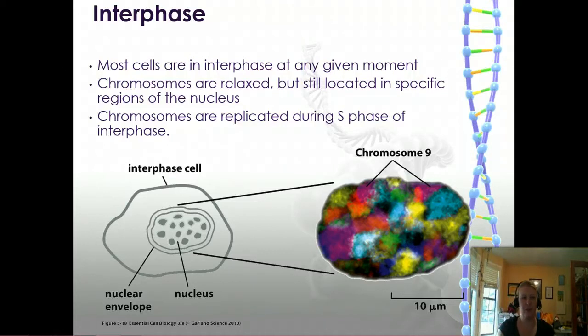And this helps the cell figure out where it needs to go real quick. Back to that example of we need more protein X. Well, protein X's gene is on chromosome 9. The nucleus needs to know easily where chromosome 9 can be located so that it can go find protein X's genes to read. And so it's important that they are somewhat localized within the nucleus still, even though they're mostly just kept really loosely coiled.